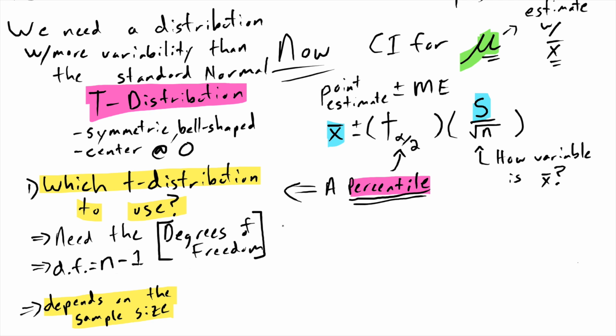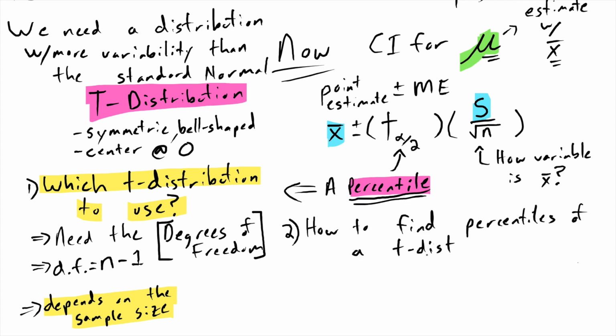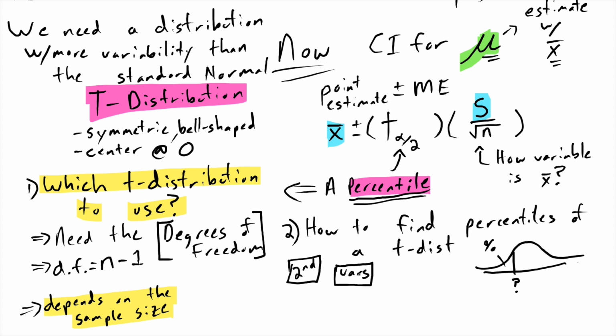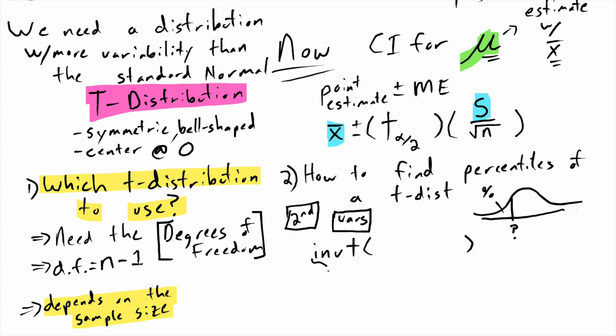But now we also need to know how to find percentiles of a t-distribution. And with the normal distribution, if you remember, we had a function on our calculators called invnorm. If you have a TI-84 or something higher, you have an invT function, in which this inv still stands for inverse.